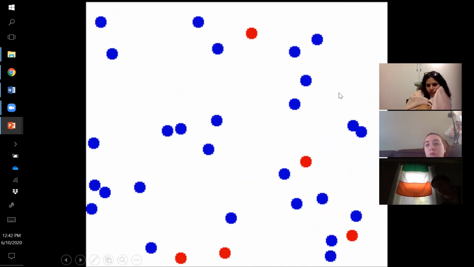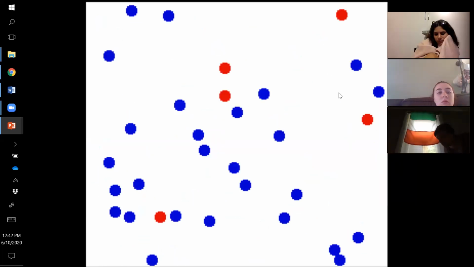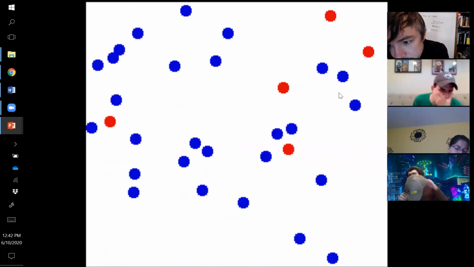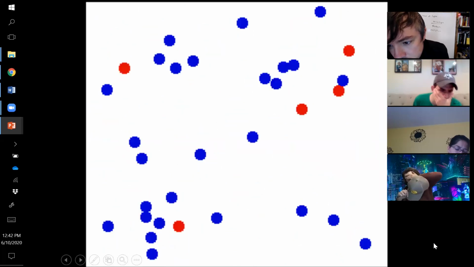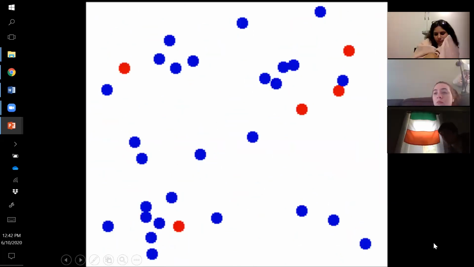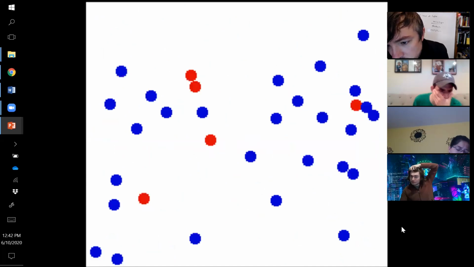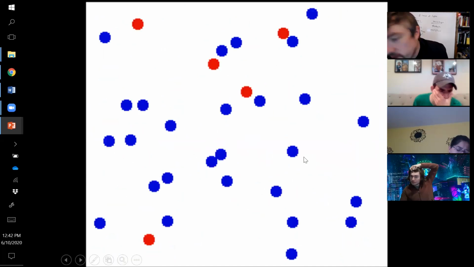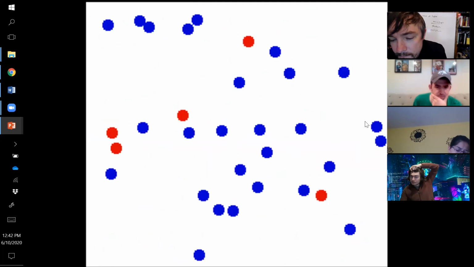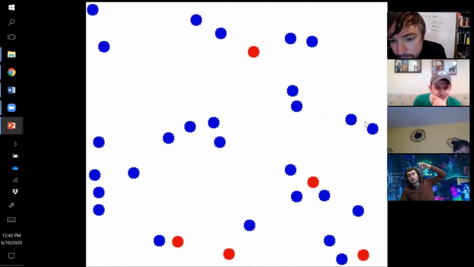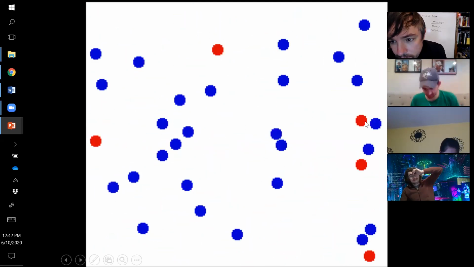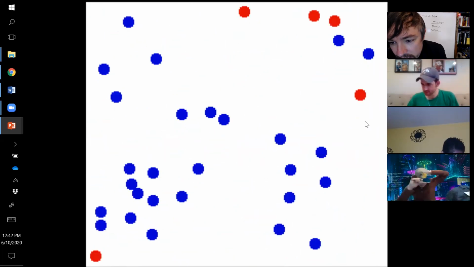Kinetic energy of the atoms is represented by what physical property? The average kinetic energy of all these particles is called what? No?